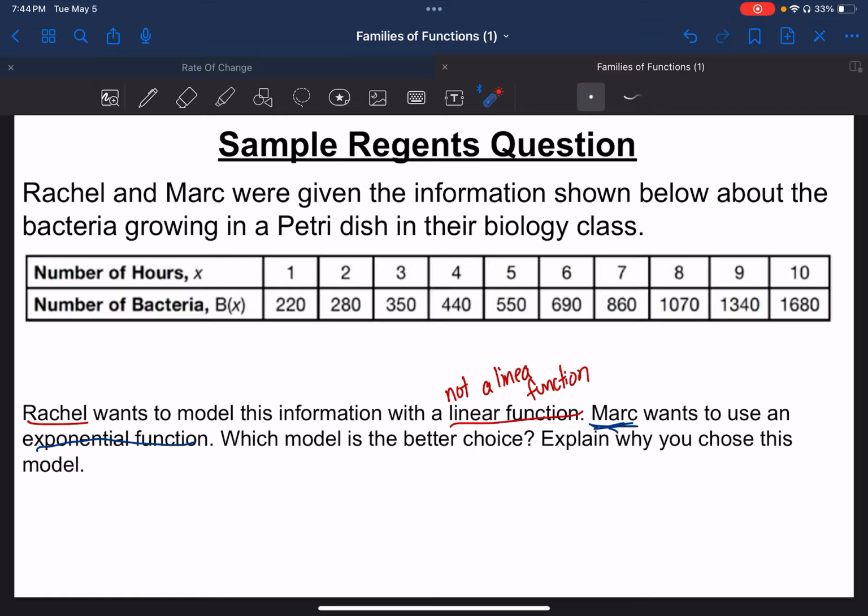Okay, so let's start with this one. So we're going to, once again, divide 1,680, and I'm doing that in my calculator, divided by 1,340. And we get something about like 1.25, right?